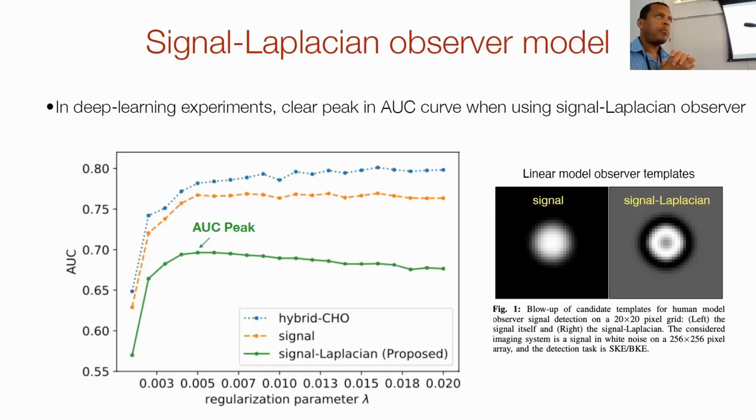One last question, quick. This is for the classification. That's a very sharp, small object. You look at it, it makes perfect sense. What about low contrast lesions? It's definitely something. This is actually one of the motivations for using the signal-Laplacian, because if you use the signal-Laplacian as your template, that's equivalent to doing a single channel Hotelling observer where the channel is the gradient of the signal.